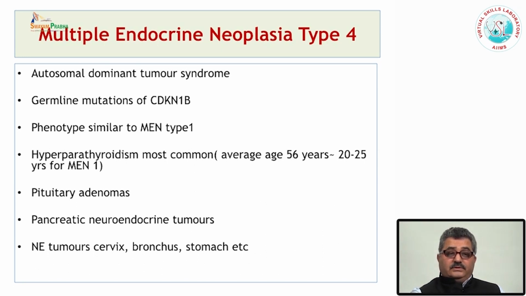Otherwise, most of the organs involved are the pituitary adenoma, pancreatic endocrine tumor, and the neuroendocrine tumors of the cervix, bronchus, and stomach. All features are similar to MEN type 1. It is just the age of presentation and the gene involved that are different.